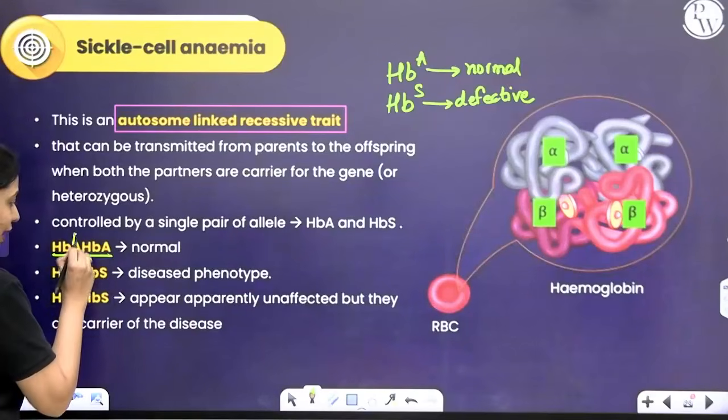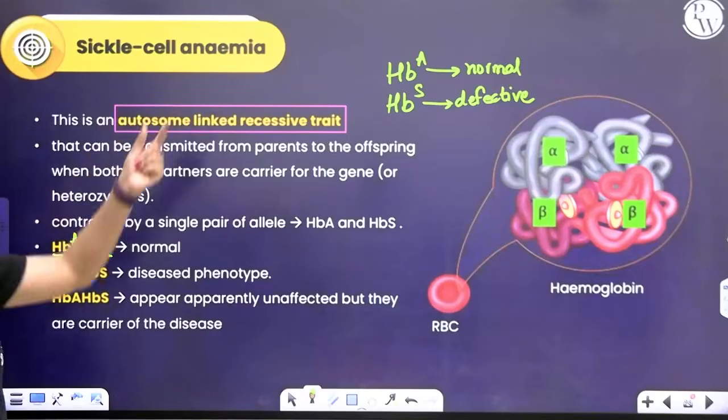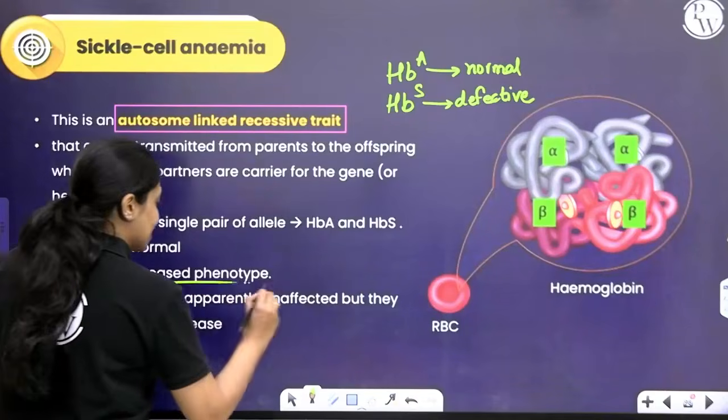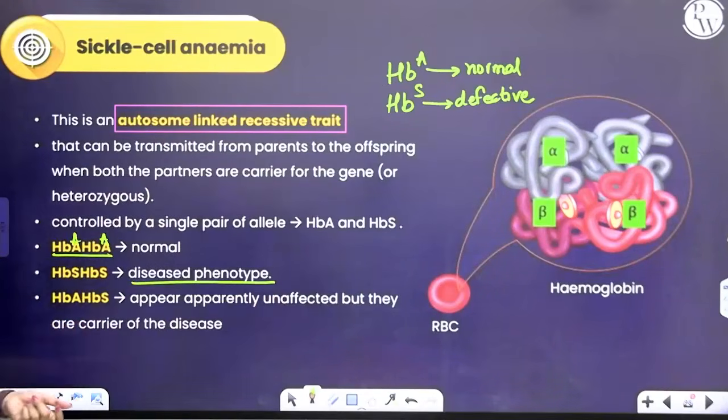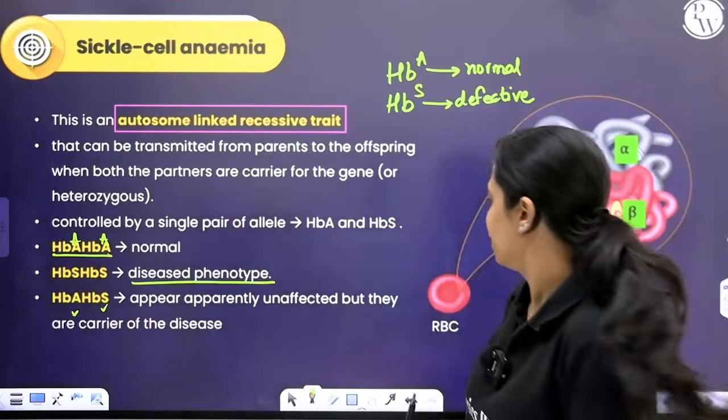Both HbA, HbA, this should actually be superscript, but there's a typing error. When both are normal, obviously the individual will be normal. When both are defective, obviously they will show symptoms of the disease. But when there is one normal and one defective, that means it is a carrier.